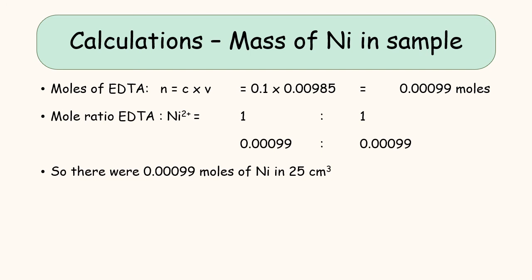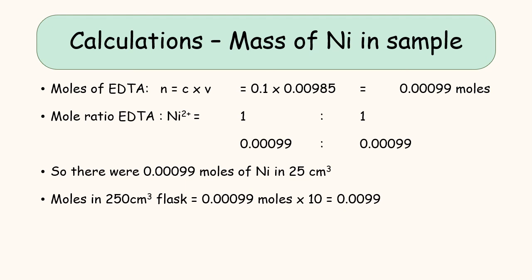Now what we need to really specify was the number of moles of nickel in the 25 cm³ portions we were using. We made up the nickel in 250 cm³. So in the flask, there would have been 10 times the number of nickel moles.